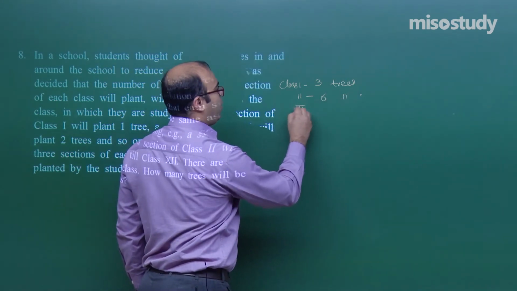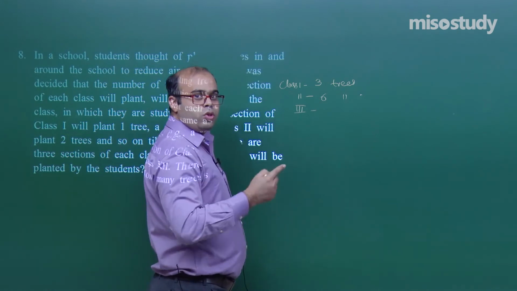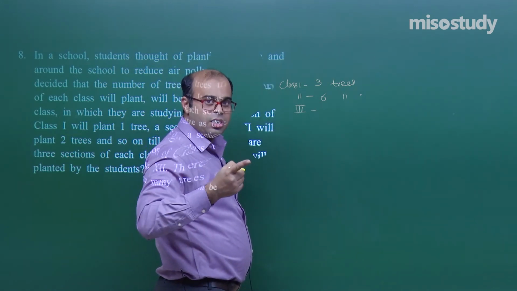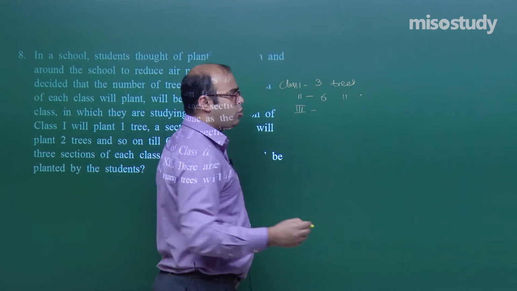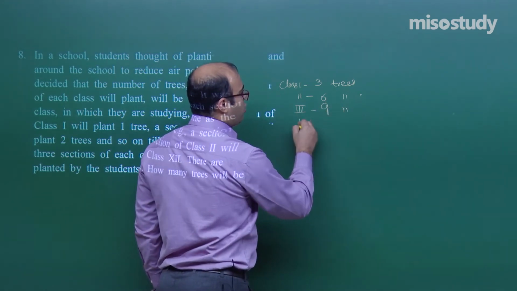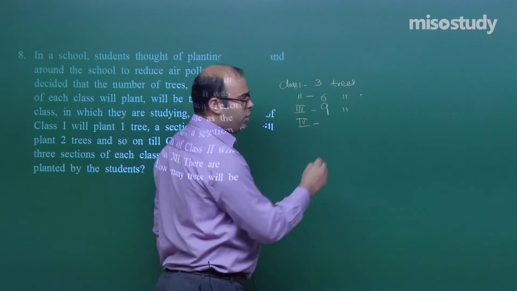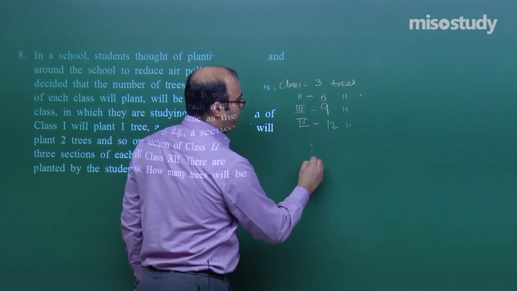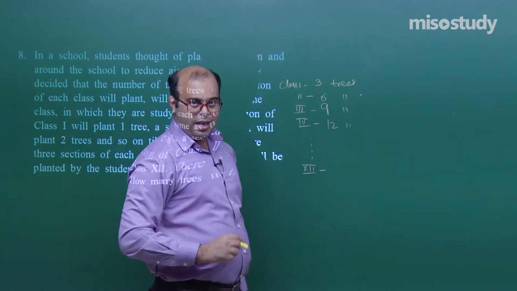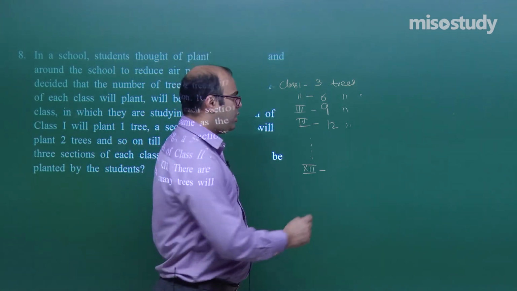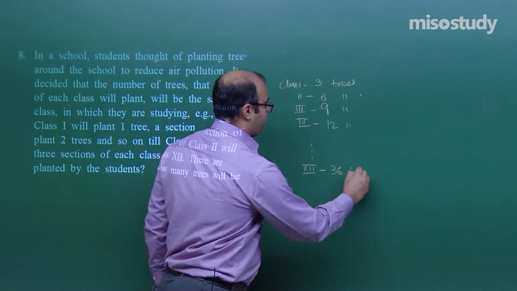Class 3 also has 3 sections, and each section will plant 3 trees. So 3 into 3, 9 trees. Class 4 will plant 4 into 3, 12 trees. In this order, if we go to class 12, each section will plant 12 trees, and there are 3 sections. 12 into 3, 36 trees.